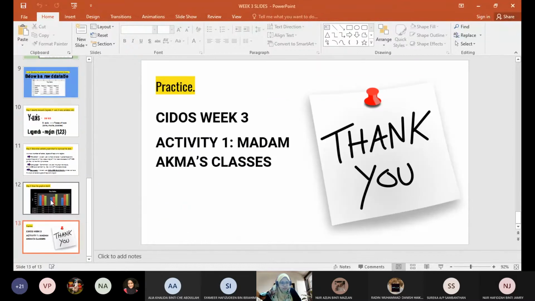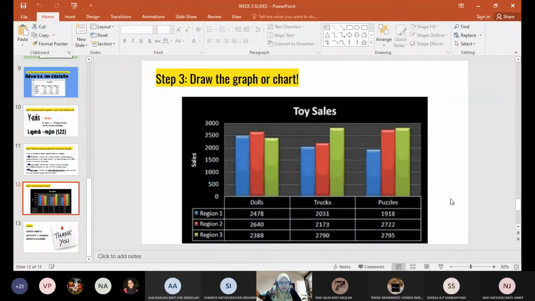Okay, next, daripada data tu you transferkan kepada bar graph. So dia akan jadi macam ni lah. Sales bahagian y-axis. The title, Toy Sales. Ni title dia very simple lah, tapi sebenarnya kena buat title yang lebih complete.